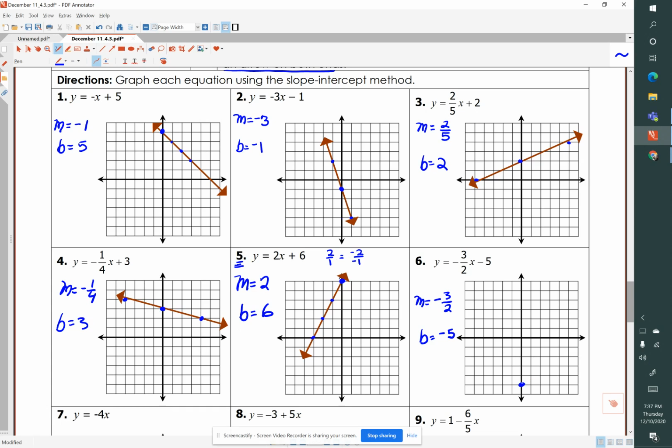So we can go up 3 over 2, up 3 over 2, up 3 over 2. Remember, negative 3 over 2 equals 3 over negative 2, which is what I just used here. So let's connect those with a smooth line with arrows.